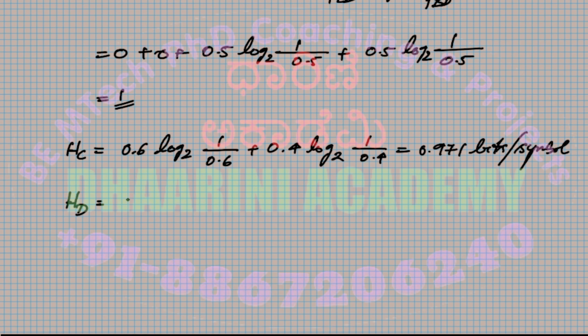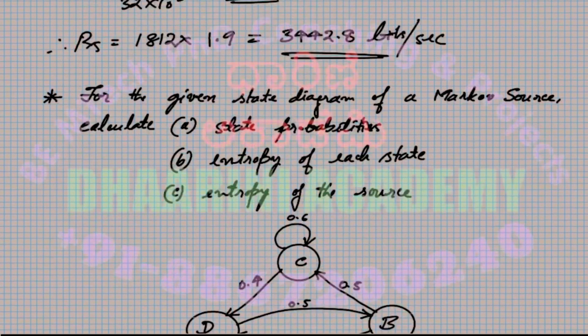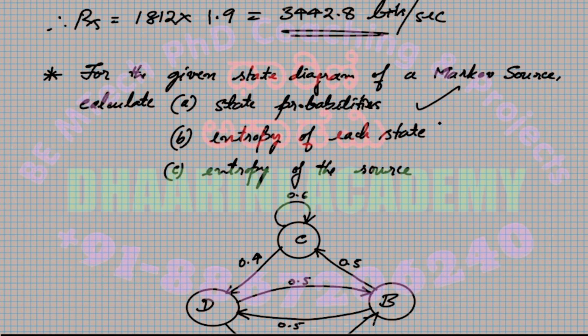So HD is equal to 0.5 log to the base 2 of 1 divided by 0.5 plus 0.5 log to the base 2 of 1 by 0.5, that is equal to 1 bit per symbol. Right. So we answered the next question as well. Entropy of each of the states is over.